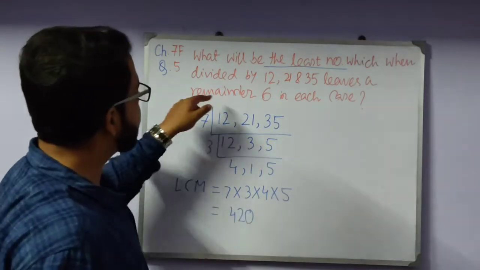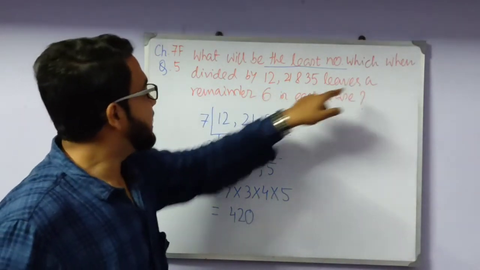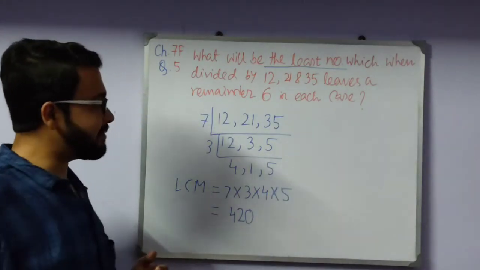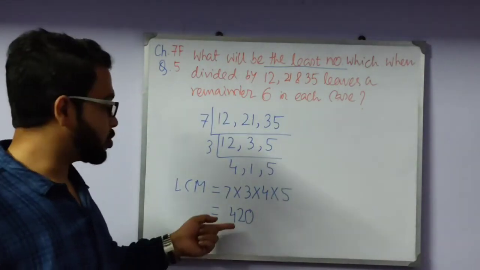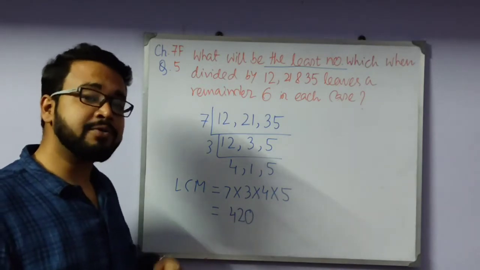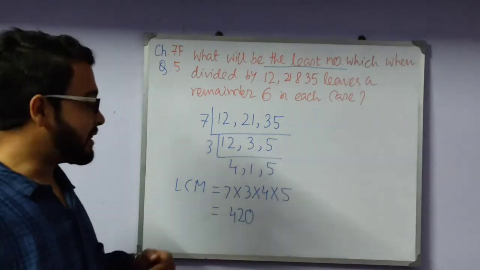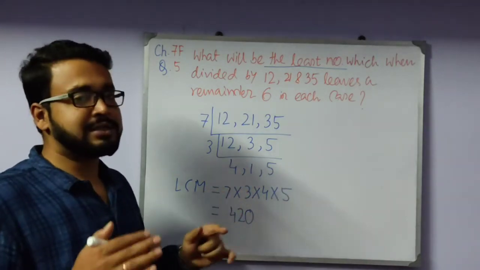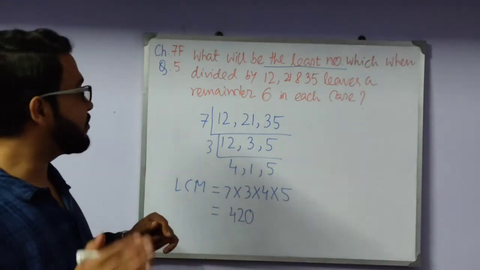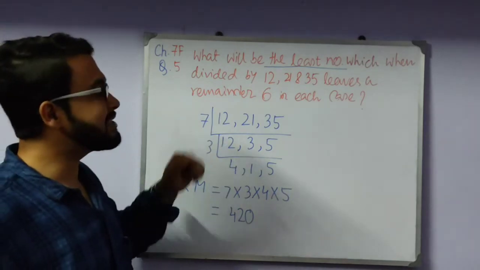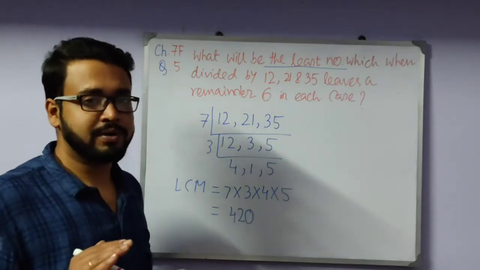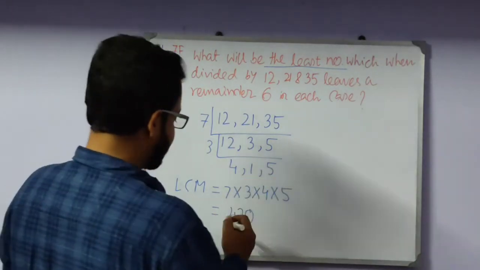But here is one condition, that this number leaves a remainder 6 in each case. So when they leave a remainder 6 in each case, মানে যখন তাদের সাথে আরো 6 নাম্বার আরো বেশি অ্যাড করা থাকবে, then they leave a remainder 6, because 420 plus 6 means 426. If we divide 426 with this number, there is a remainder 6. I hope তোমরা সকলে বুঝতে পেরেছো.